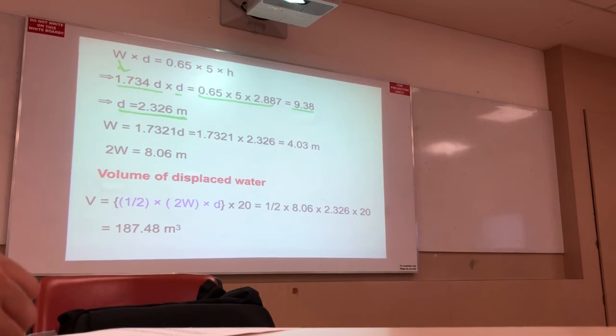So W becomes, from the previous equation, 1.7321 times D. I substitute the value of D here, I can get 4.03 meter. So 2W is 8.06, which is A, you remember, right? In the previous slide, I showed you A. So the volume of displaced water is equivalent to this number.